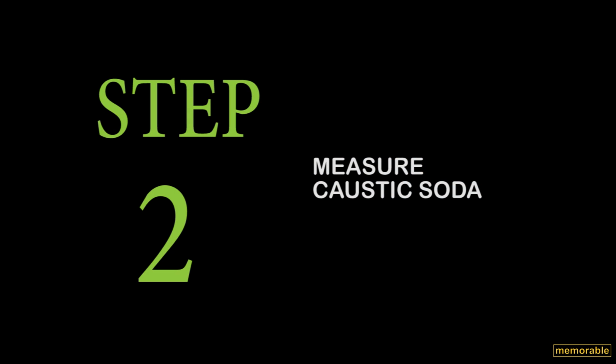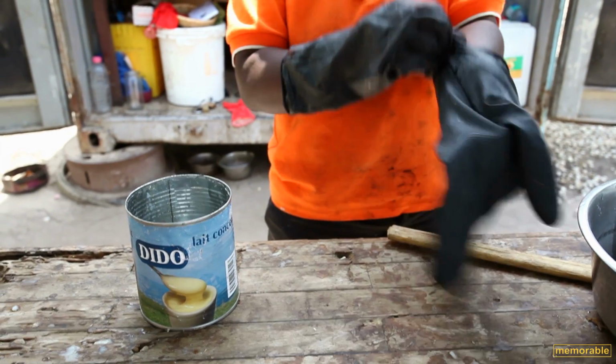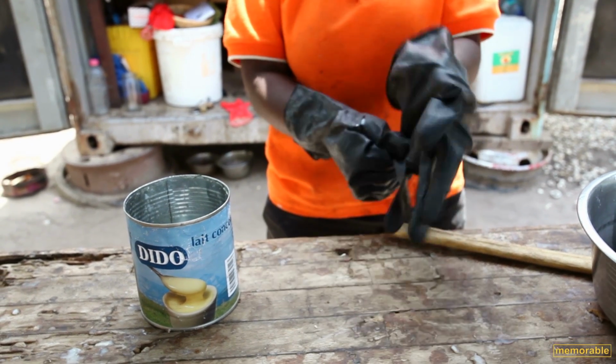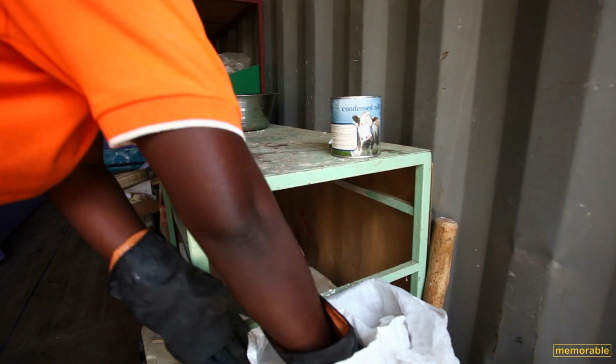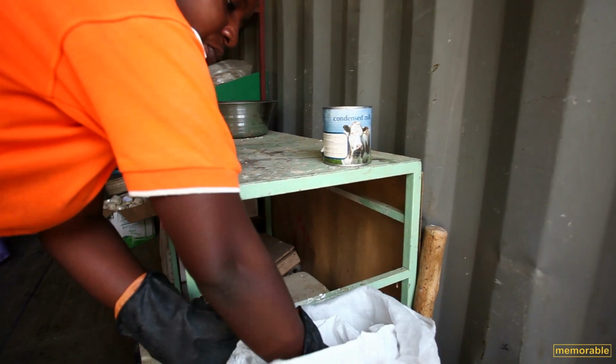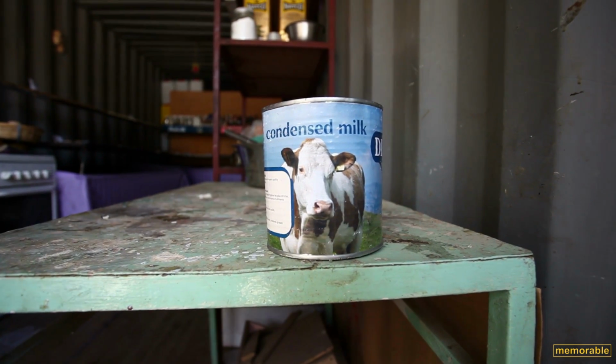Step 2. Measure caustic soda. At this point, we must wear gloves. This is necessary and very important. You can use an empty and clean condensed milk tin.